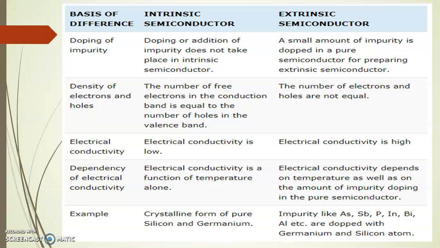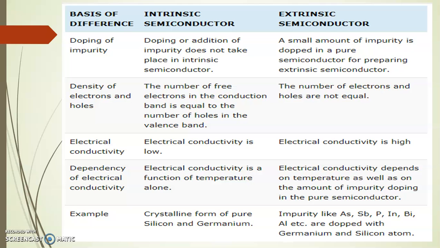Intrinsic semiconductor. Intrinsic means pure. So intrinsic semiconductors are the semiconductors in their simplest, purest possible form. Doping or addition of impurity does not take place in the intrinsic semiconductor.